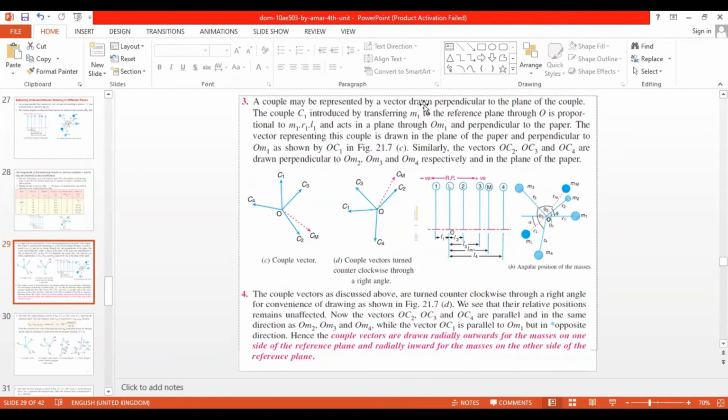Once you are done with this table, we'll see that a couple may be represented by a vector drawn perpendicular to the plane of the couple. So now we will see how to put them in the diagram. Here we have the couple vectors C1, C2, C3 and C4.